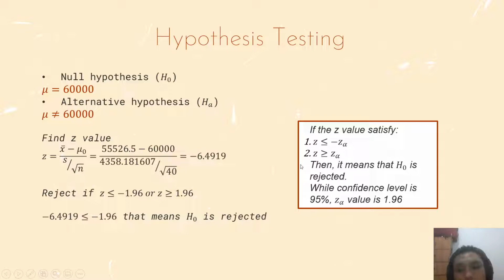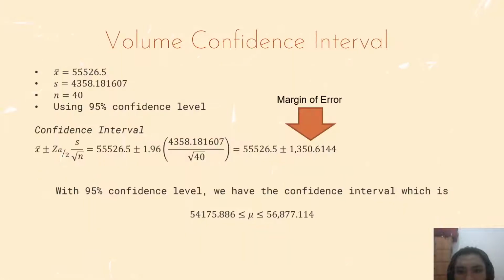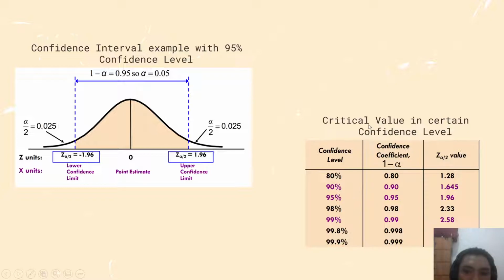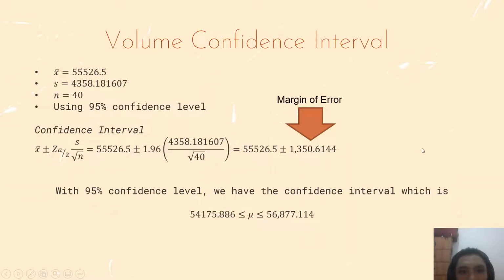Here I'm using the 95% confidence level, so the z alpha value is going to be 1.96, according to this table right here. If you use 95% confidence level, the z value is 1.96.